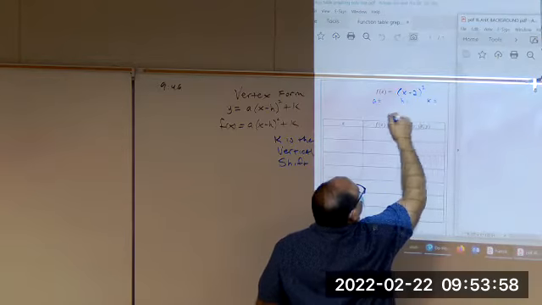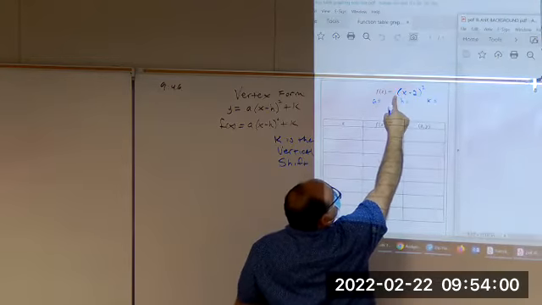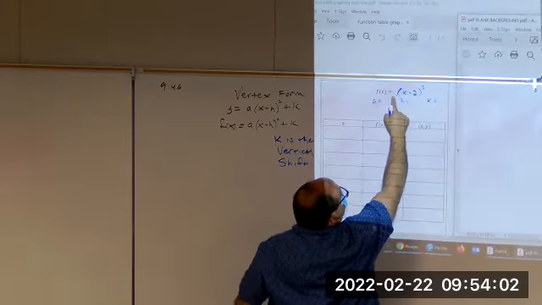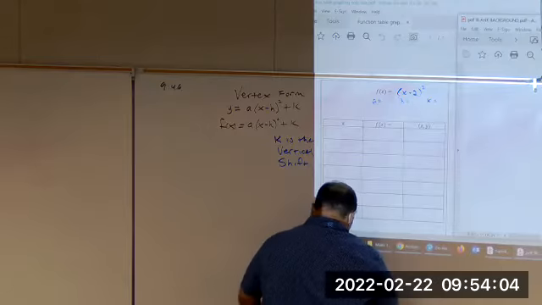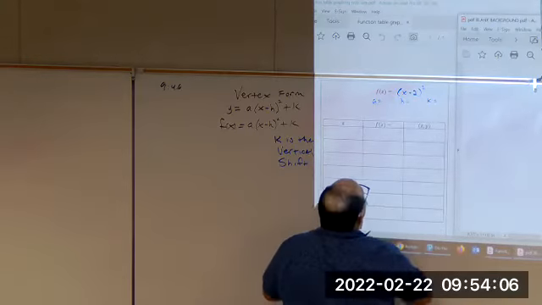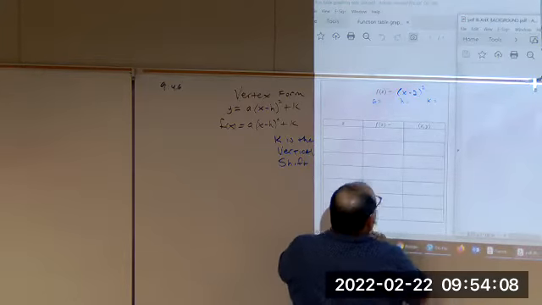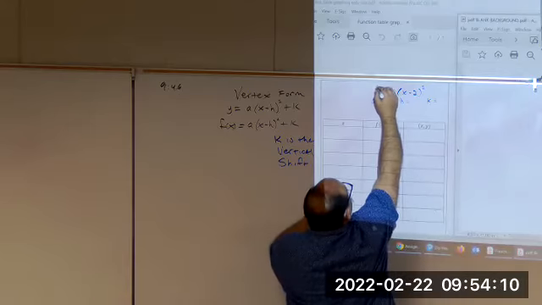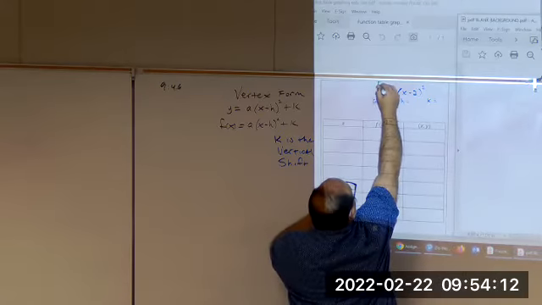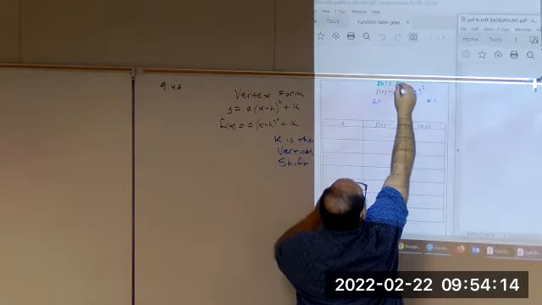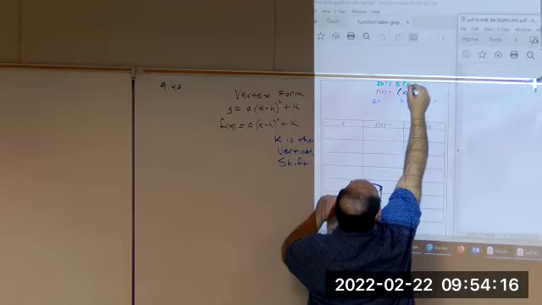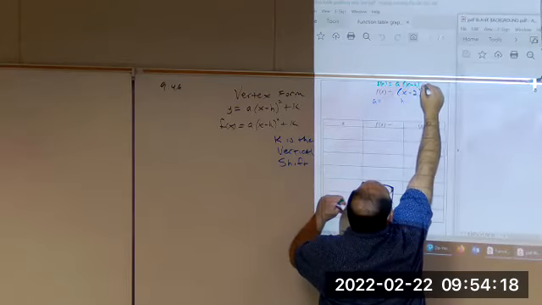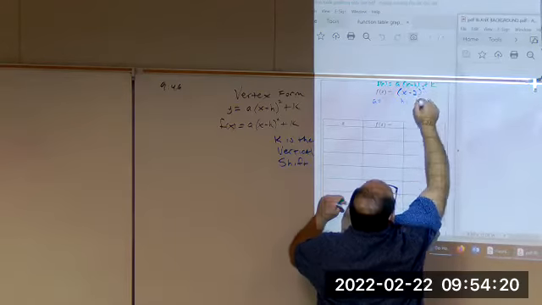In front of the parentheses, this is where a lives. So we make a place to match this up: f of x equals a parentheses x minus h, plus the k.